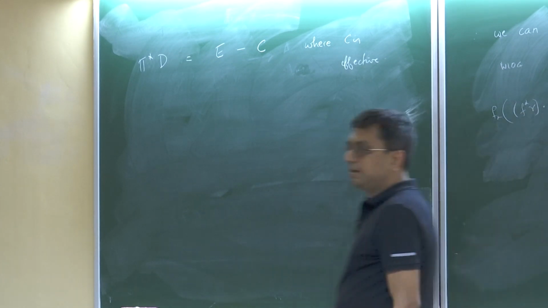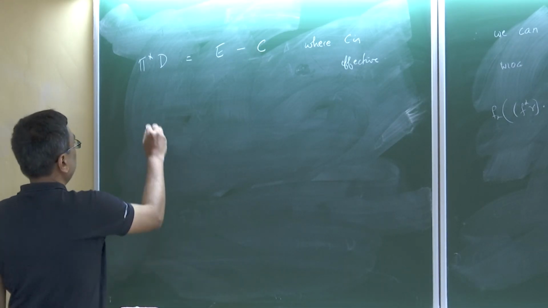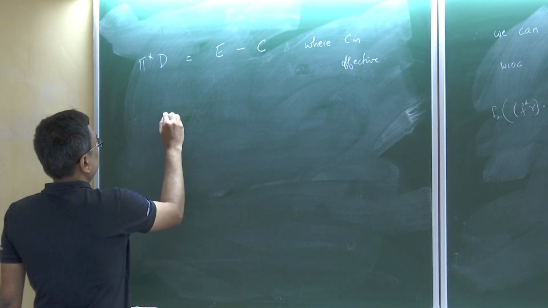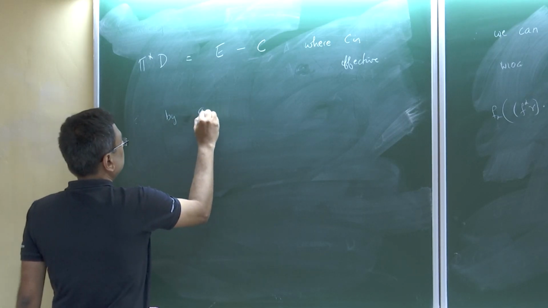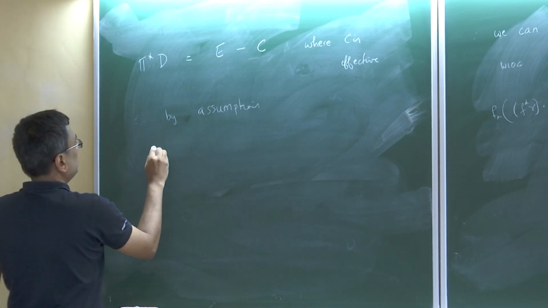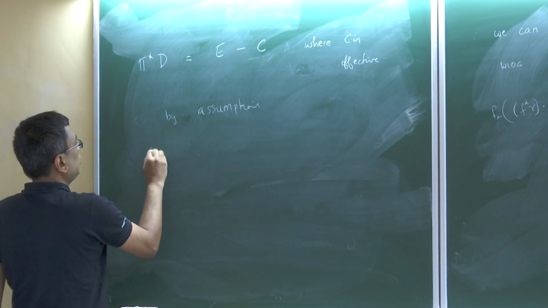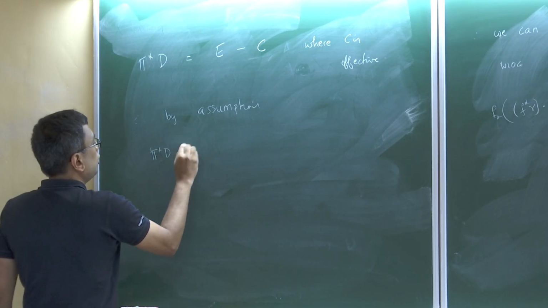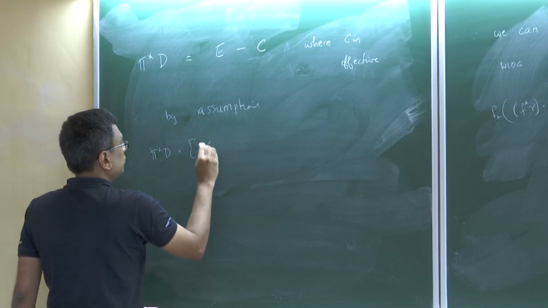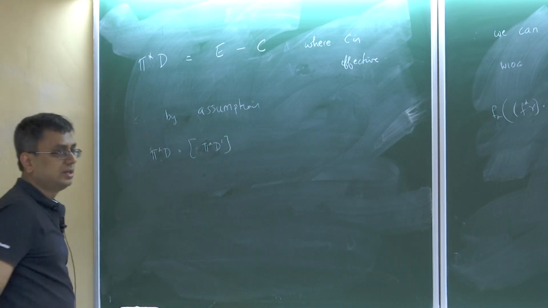Now I'm assuming that the theorem holds when one of the divisors is effective. So therefore, by assumption, okay, so if I try to calculate pi upper star D dot pi upper star D prime, okay, what is this?